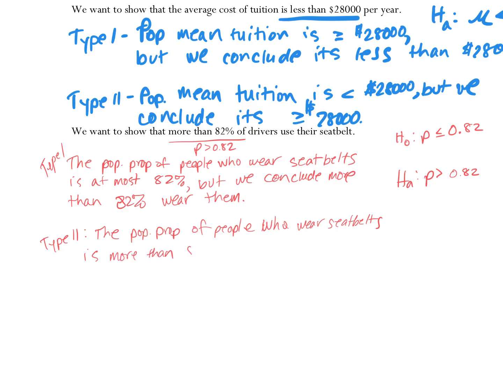So again, you're describing which hypothesis is true first, and then if you're describing an error, there should be a this is true, but, and then you should be making the wrong conclusion.